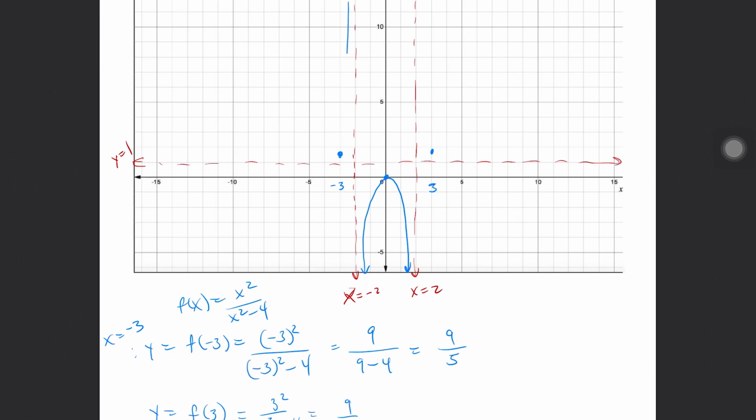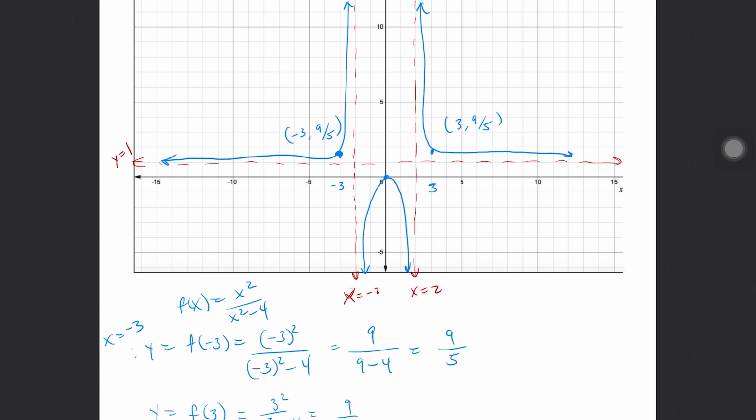This means that the graph has a point on this side, and it's going to go down, and then also a point on this side. And it's going to go that way. Okay, kind of smooth, right? So that point right there is going to be (3, 9/5), and this point is (-3, 9/5).